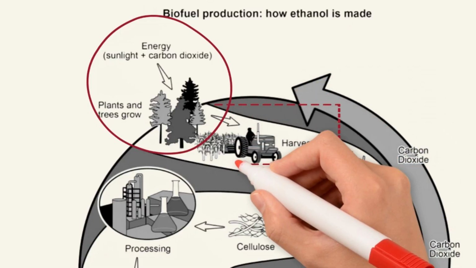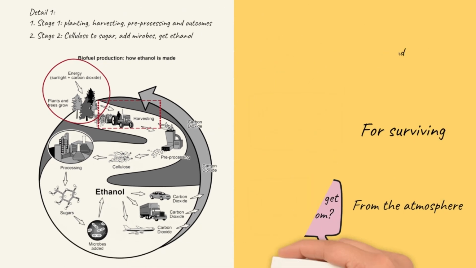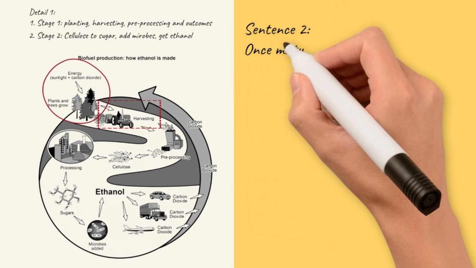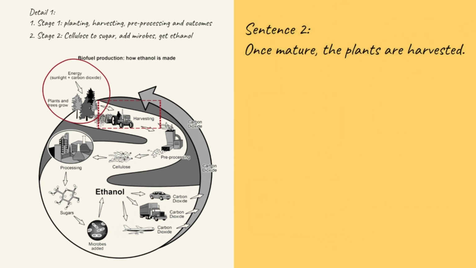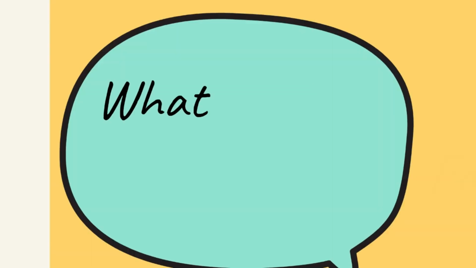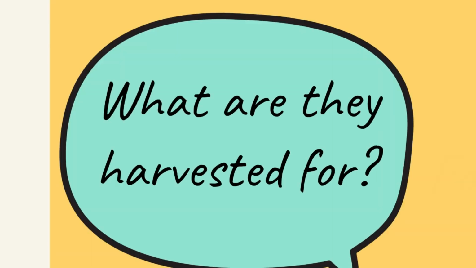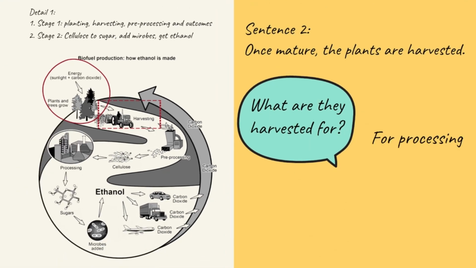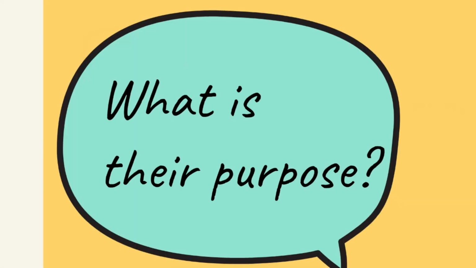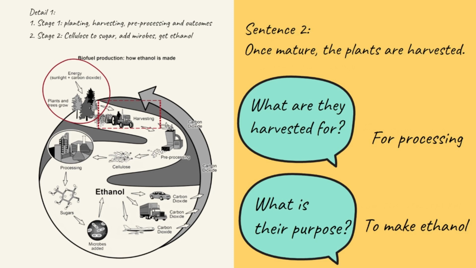Sentence 2, describing the harvesting process. A simple version could be, once mature, the plants are harvested. Of course, you can ask, what are they harvested for? For processing. What is their purpose? To make ethanol. So, here is a more detailed sentence.